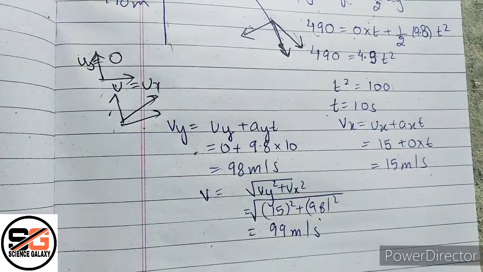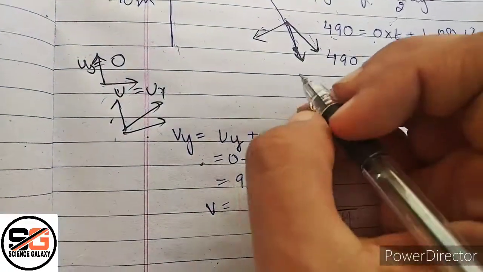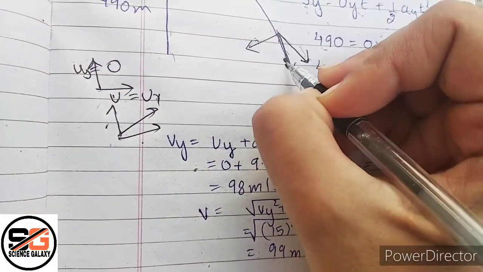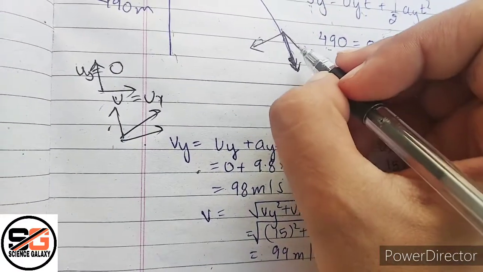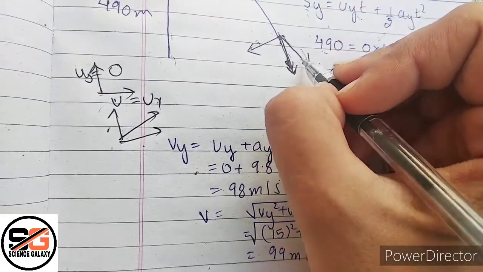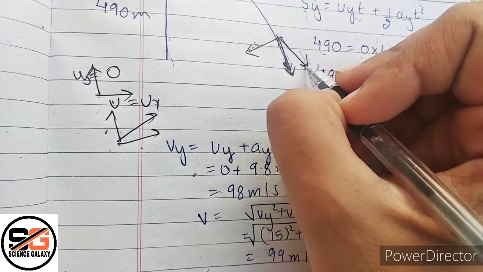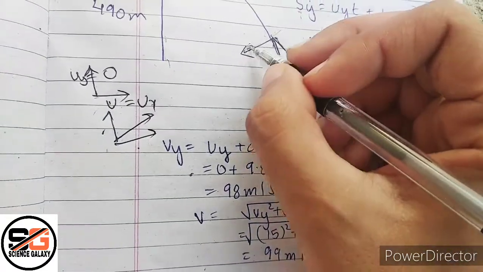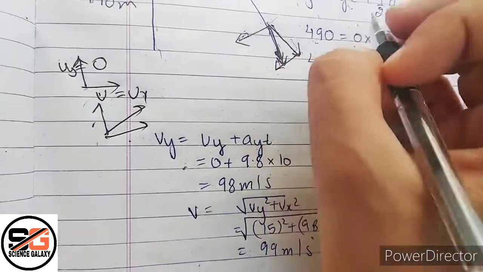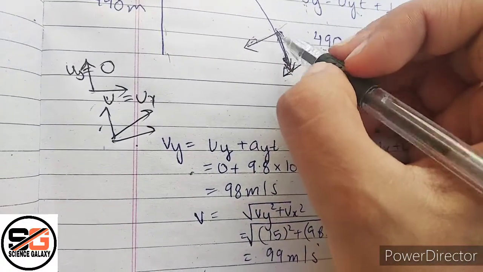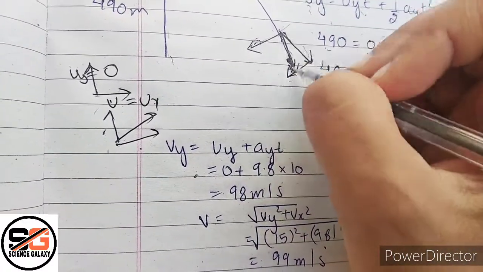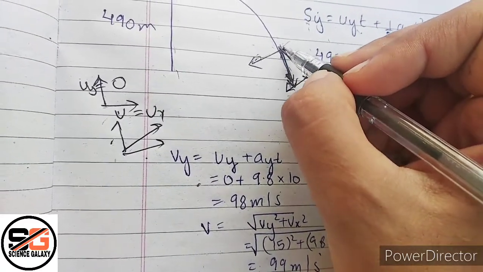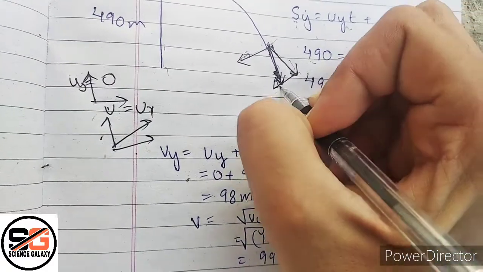Now we need to find out the resultant. We know about this as well as this. This component and this component we know.